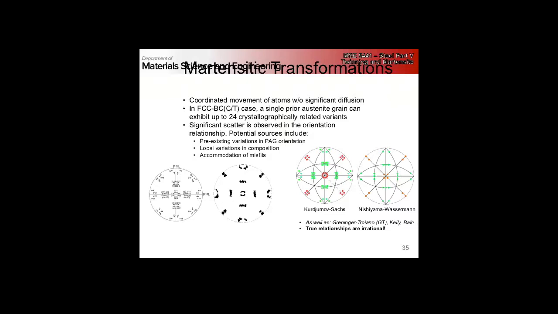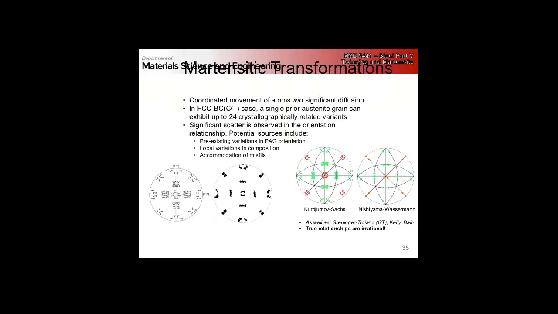For Kurdyumov-Sachs, if it obeys Kurdyumov-Sachs, we get 24 variants. For the Nishiyama-Wasserman orientation relationship, these two points actually move together, so these pairs of variants come together, and there are only 12 distinguishable variants if it were exactly Nishiyama-Wasserman.